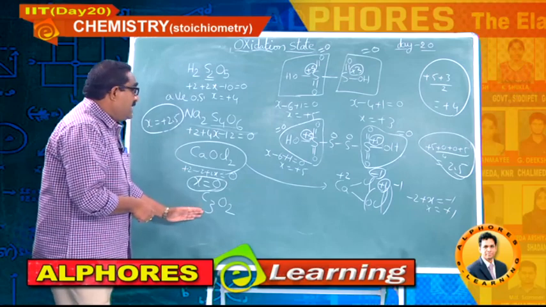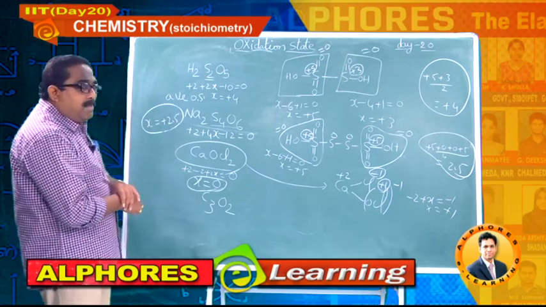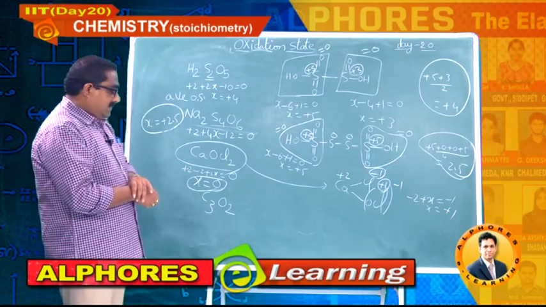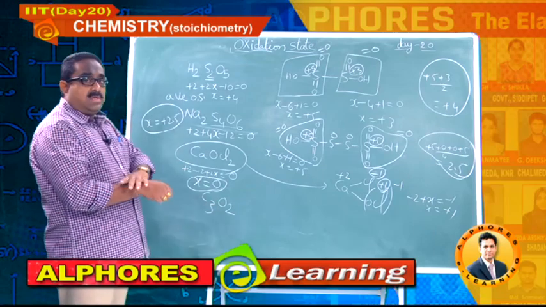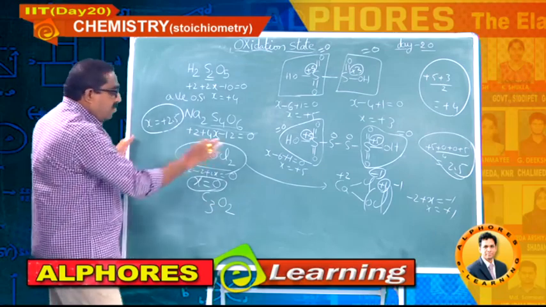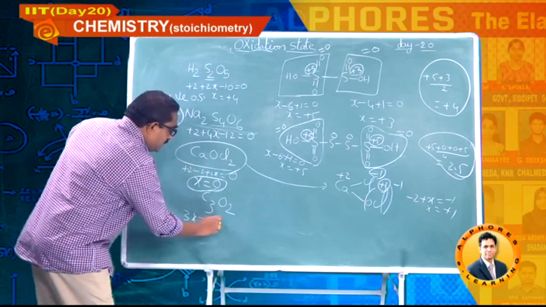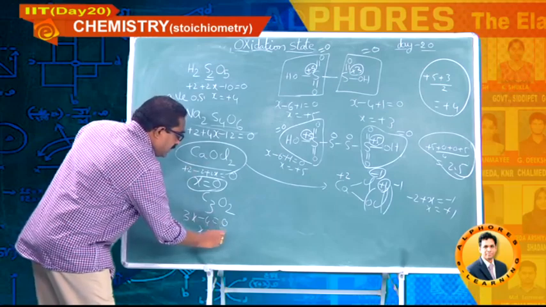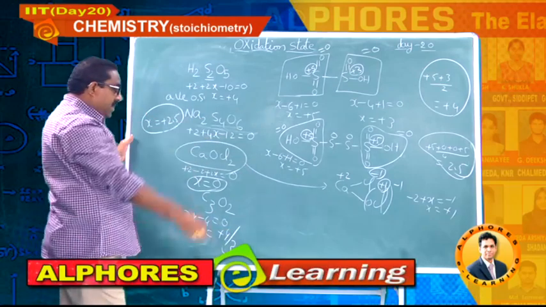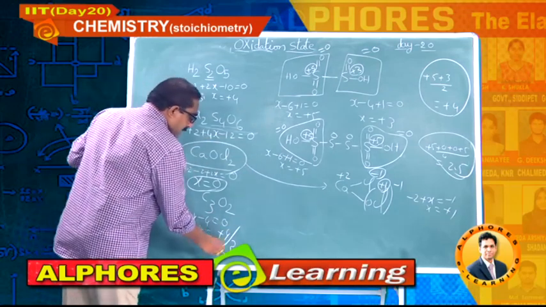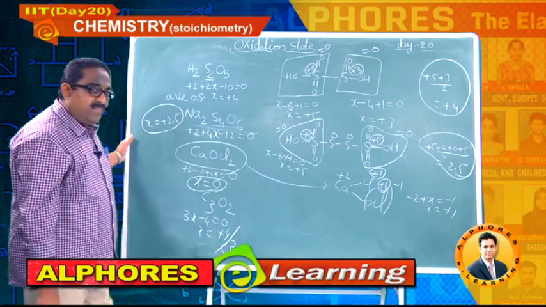The last one in this set is carbon suboxide, C3O2. Let me go for the average. 3 carbons, 2 oxygens, minus 4. So 3x minus 4 equals 0, x equals plus 4 by 3 average.